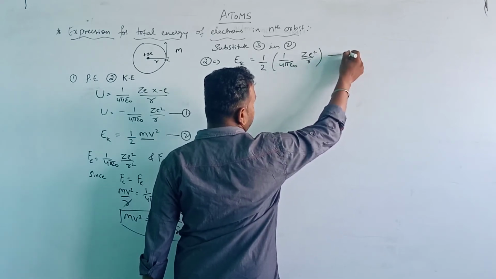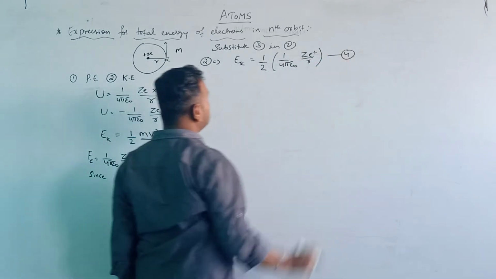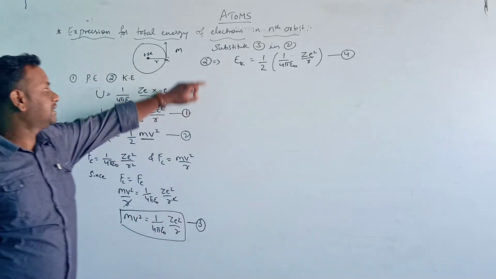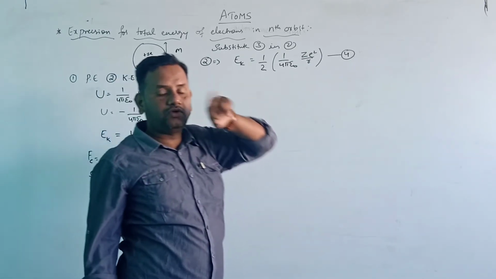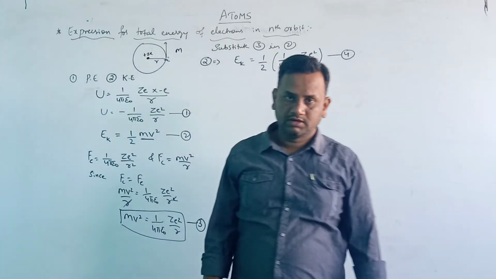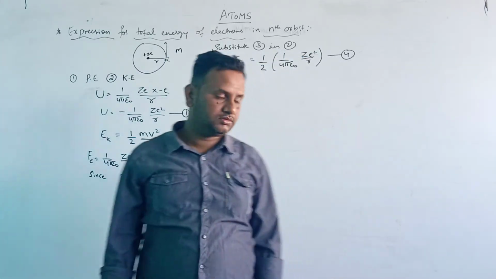This is equation 4. This equation 4 indicates the kinetic energy of the electron which is revolving around the nucleus when it is in motion.